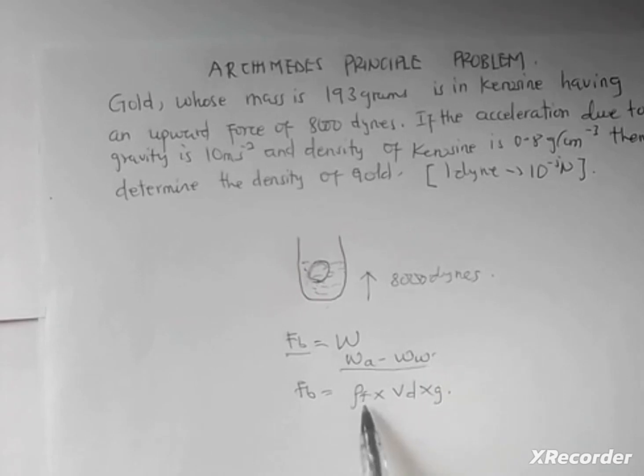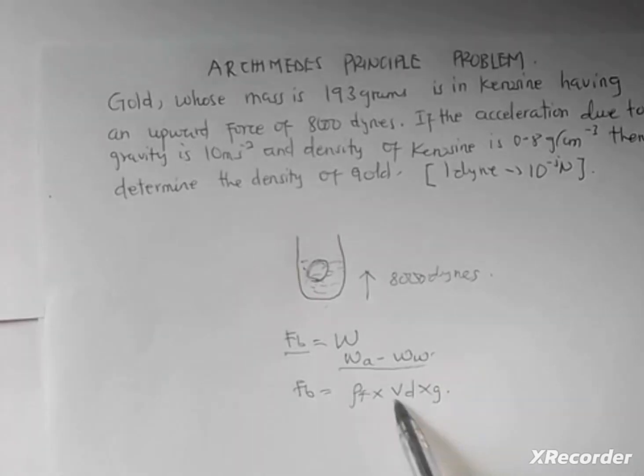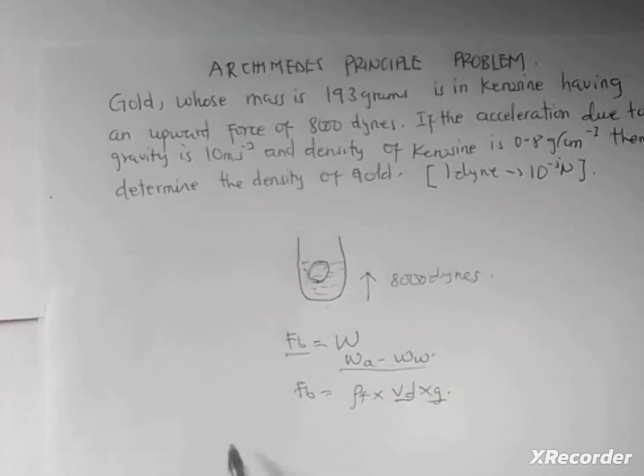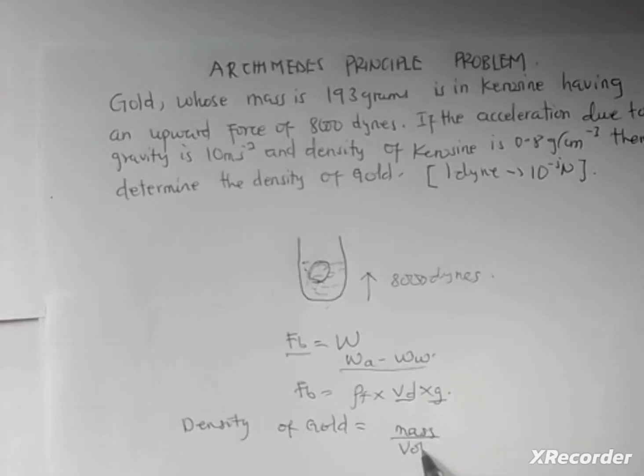So the density of the fluid is given. The volume of liquid displaced we don't have, but we have gravity. So to find the density of gold, what do I need? You realize that you need the mass over the volume.